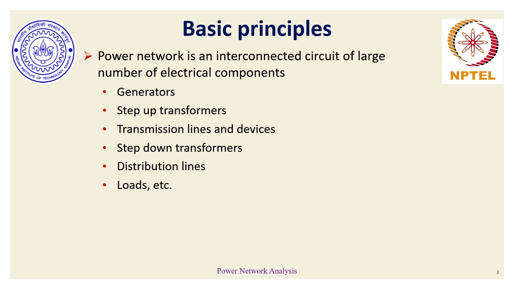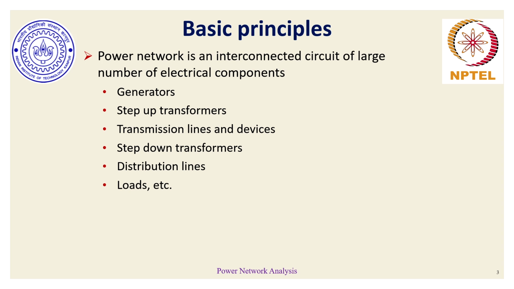As we have seen in the previous lecture also, a power network is nothing but a very complex man-made network which consists of several elements. We had also talked about these elements a bit in the last lecture.